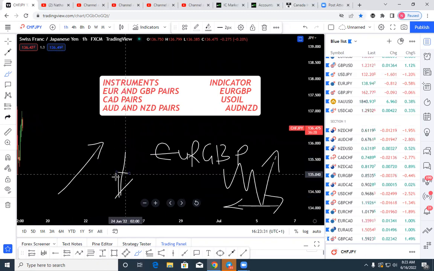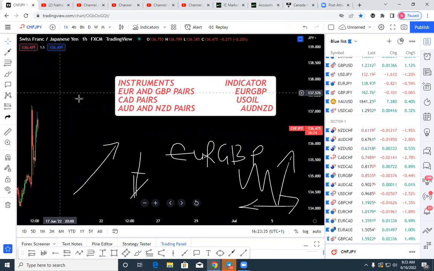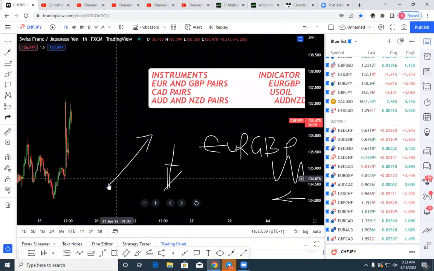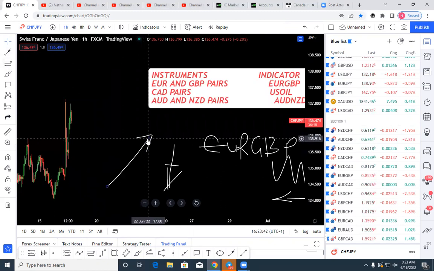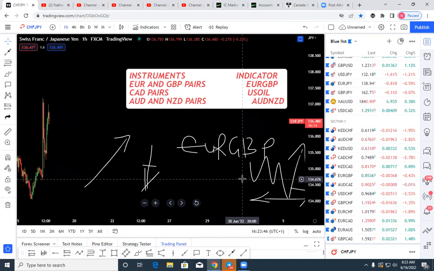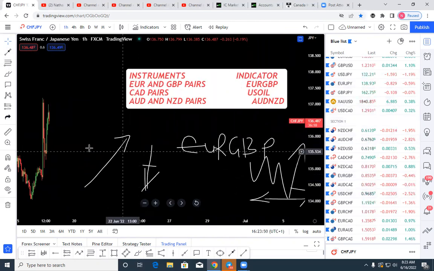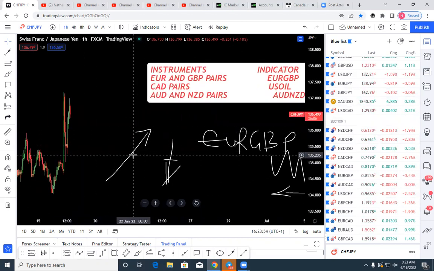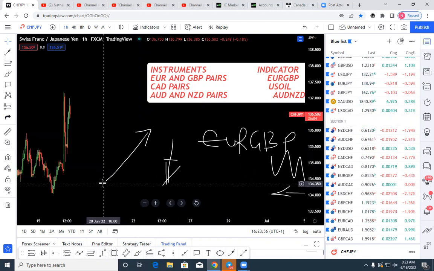All right. So if you have this, you now go to Euro pairs, like maybe Euro CHF, for instance. Since you are looking for a very strong Euro in this session or sessions to come, you go and look at all the Euro pairs, look at their setups, and check if there's anyone that is right at the bottom.